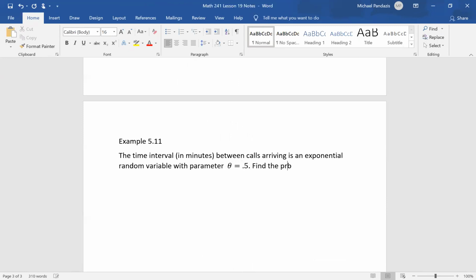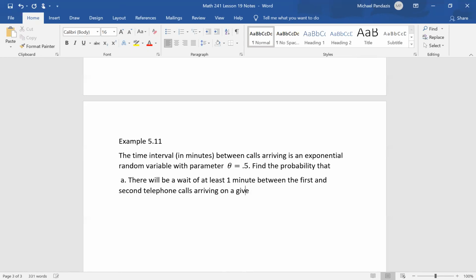Find the probability that A, there will be a wait of at least 1 minute between the first and second telephone calls arriving on a given day.